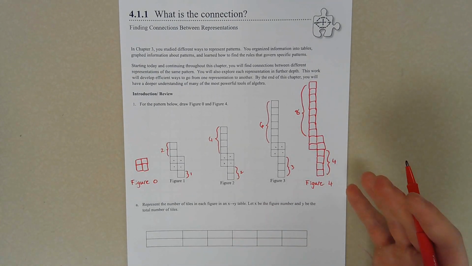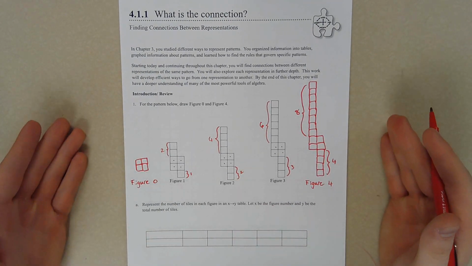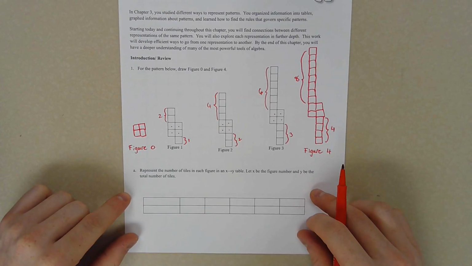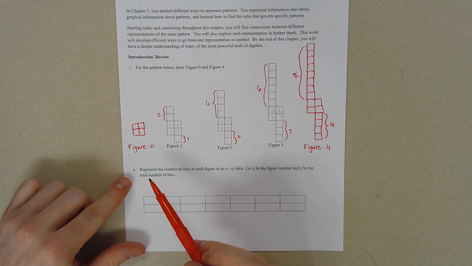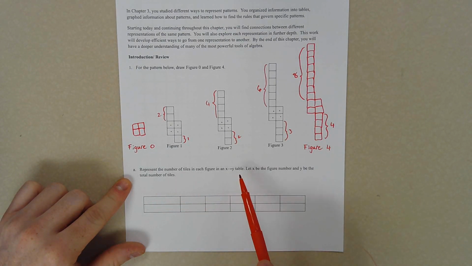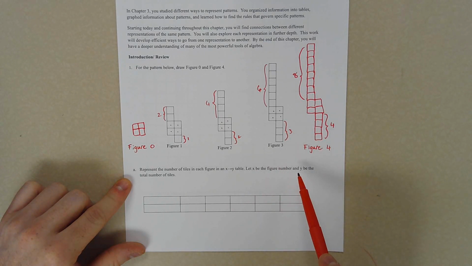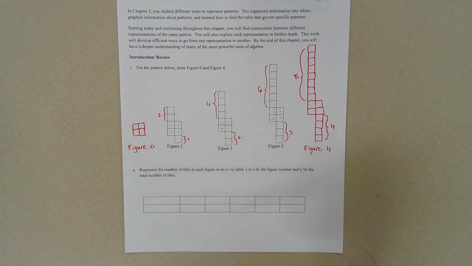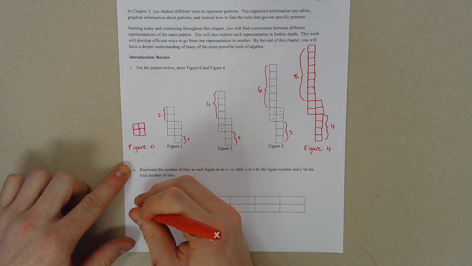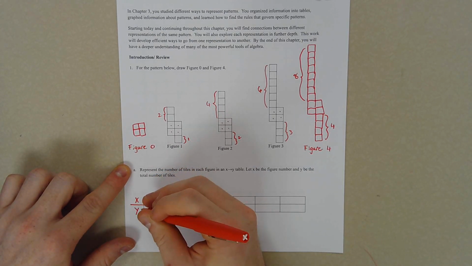If you need to pause at any point, please pause, copy down, and then when you're ready, unpause, and we'll pick up with our table here. In part A, it says represent the number of tiles in each figure in an XY table. Let X be the figure number and Y be the number of tiles. So we know in a standard table that X is always on top and Y is on the bottom.